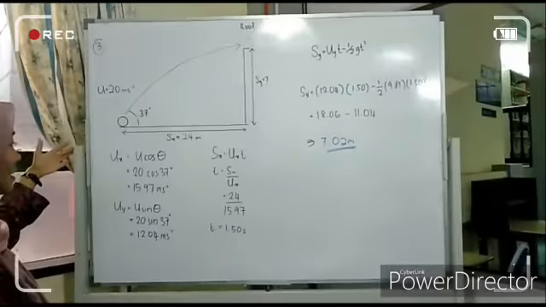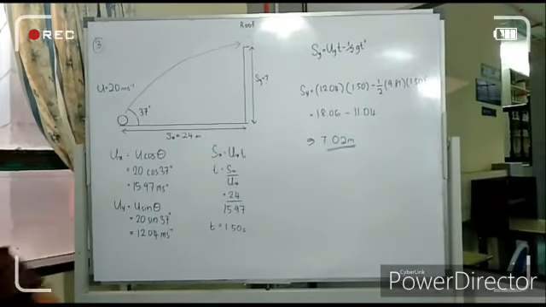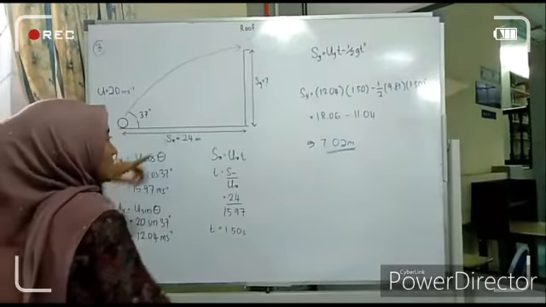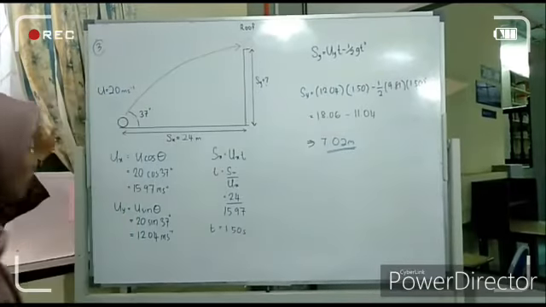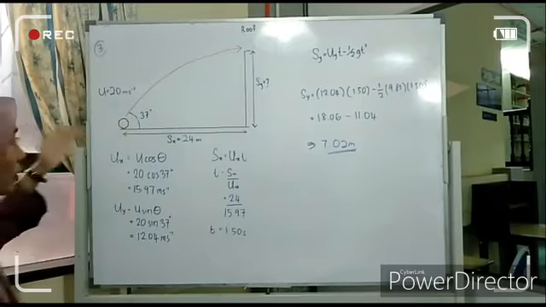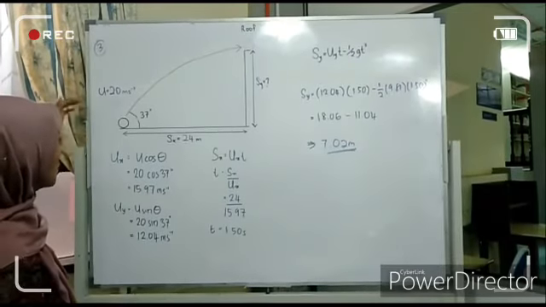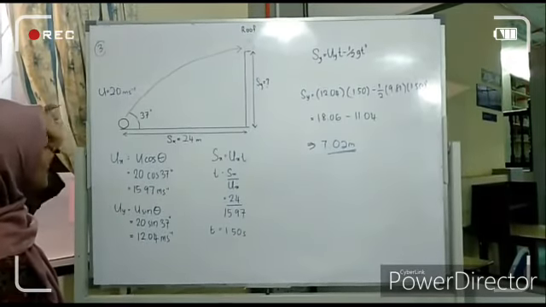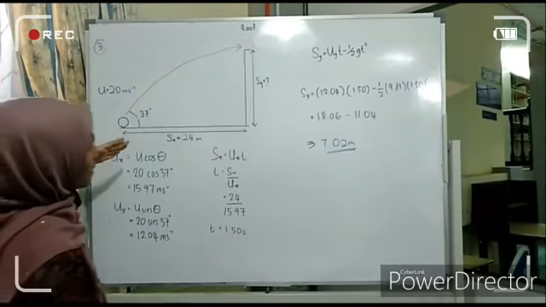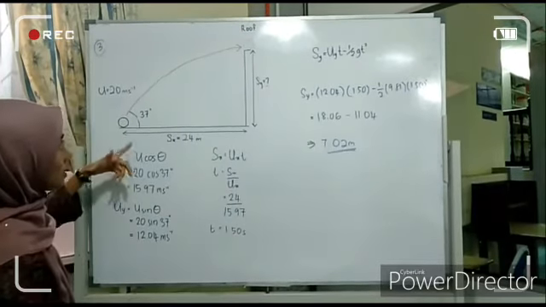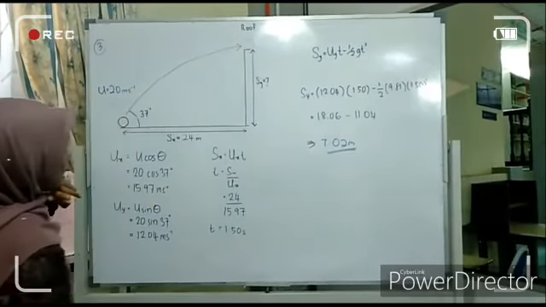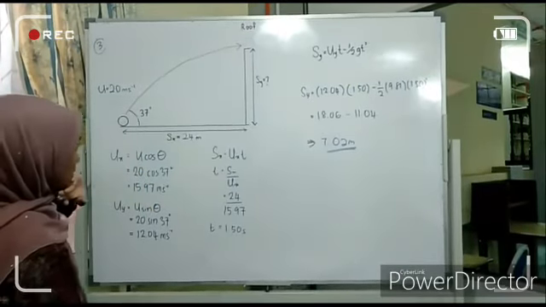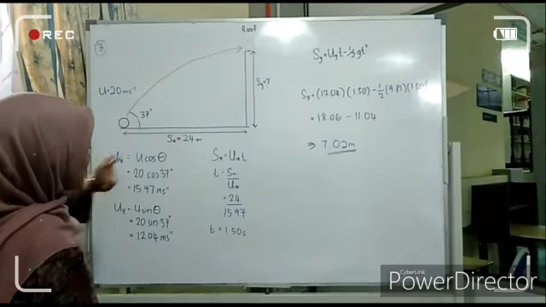Okay, now we're going to solve question number 3, which is we will find sy. Sy is the distance from the ground to the roof, which is when a ball is thrown with a speed 20 meter per second with angle 37 degree, it will land on a roof. So firstly we'll find t.